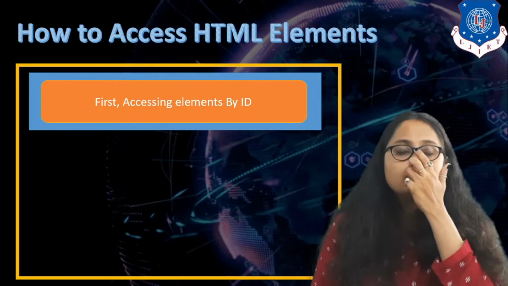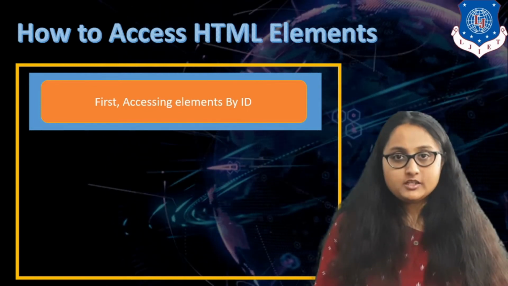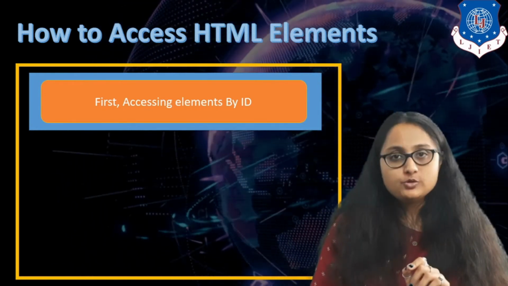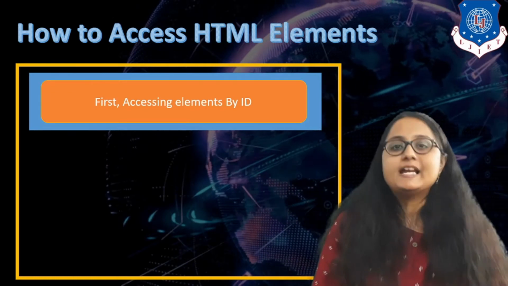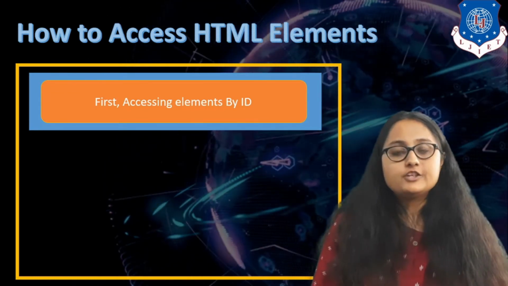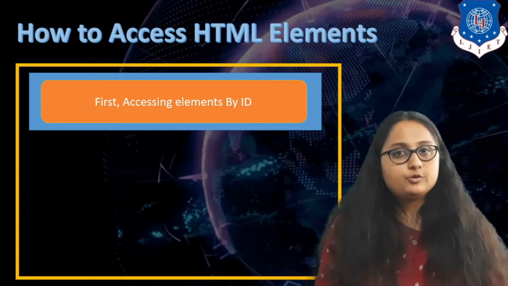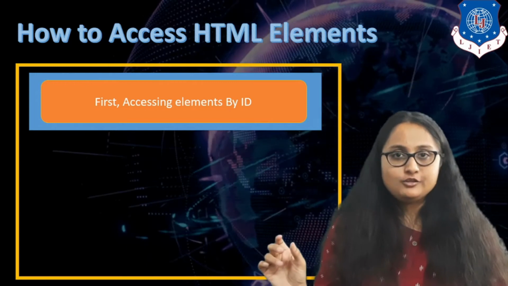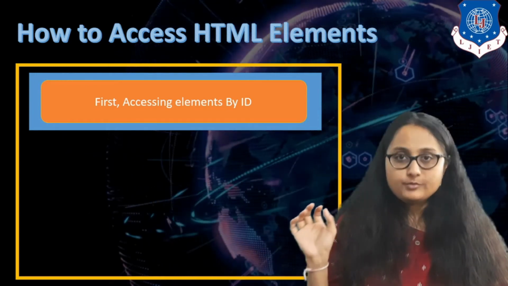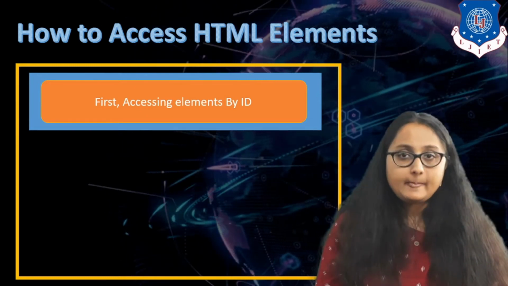Now we know that if you are creating an HTML document, every HTML tag has one attribute attached to it, that is ID. You are aware of this because you used the ID attribute value when you were using CSS, along with class.